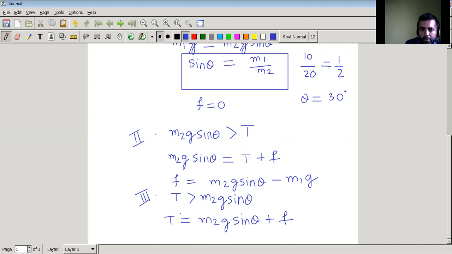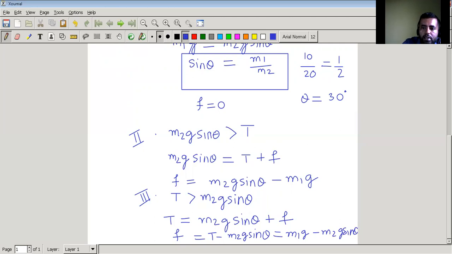Tension is M1G, so friction will be equal to T minus M2G sine theta, and that will be equal to M1G minus M2G sine theta.